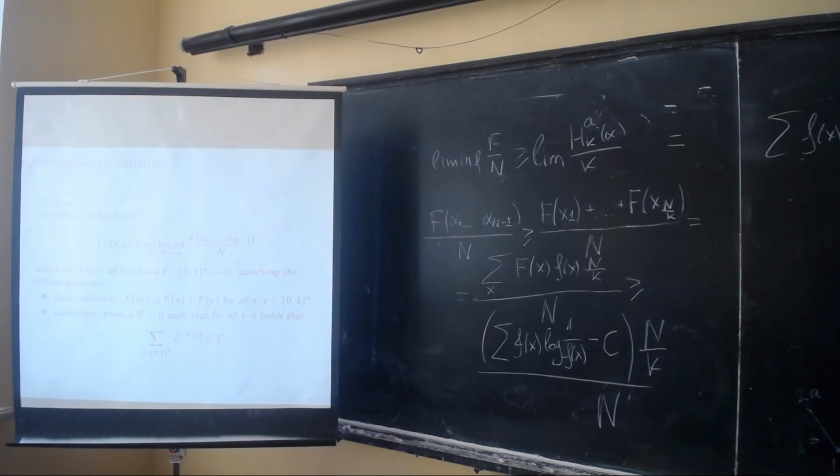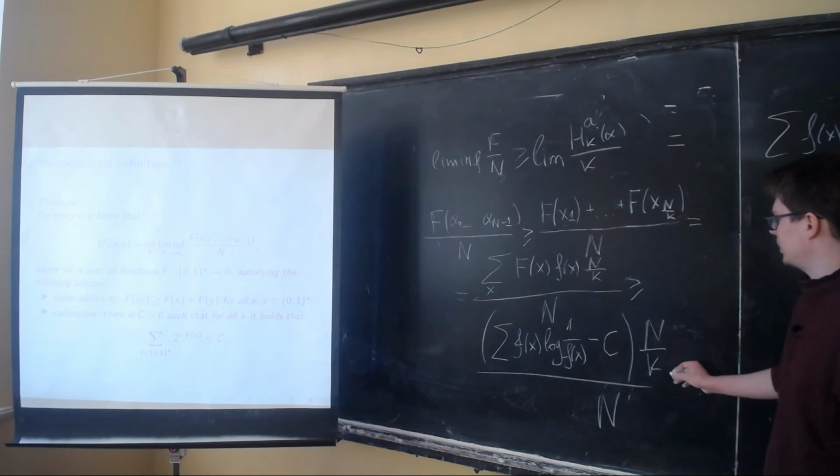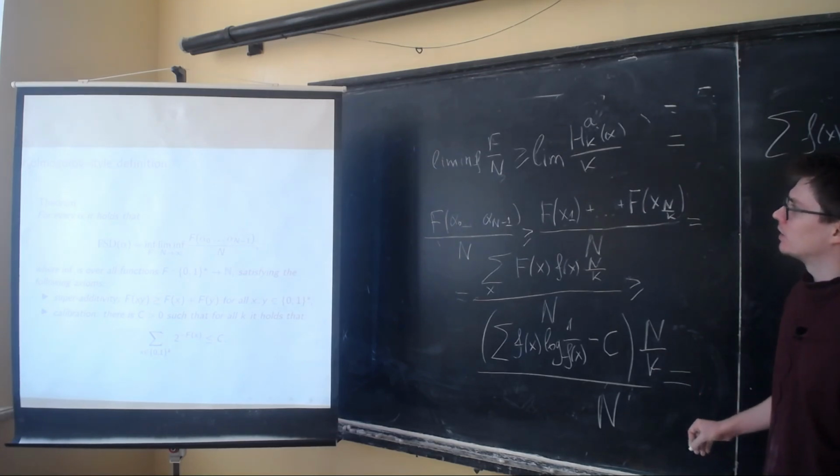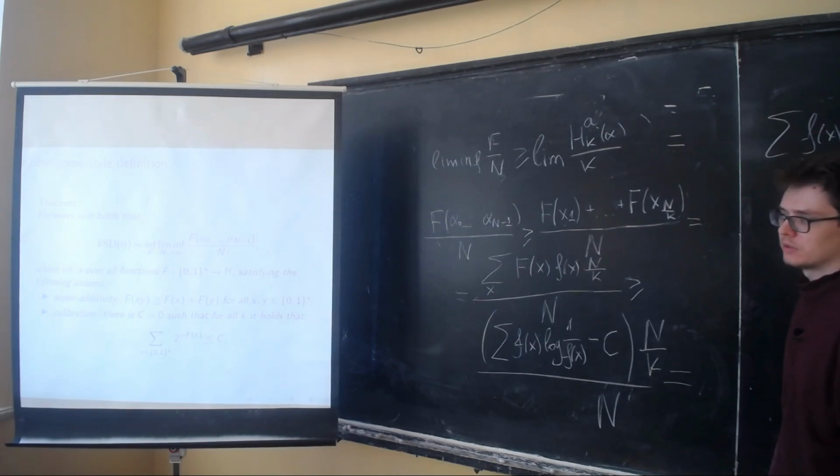Using the calibration condition, it gives some constant, because the constant is not necessarily 1. Relative entropy is bounded, but by some value depending on k. Does C depend on k? No, C doesn't depend on k.